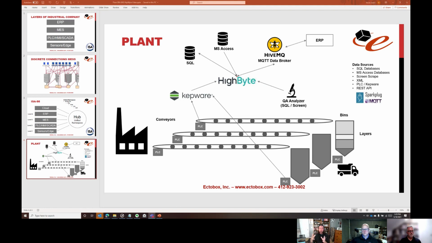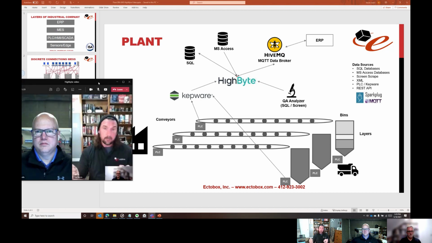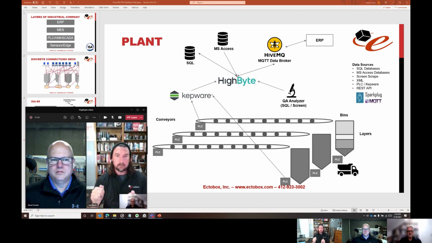Apologies, it's getting crazy here. It's all good. Okay, so one of the models is the layer, and that's going into HighByte so that we can see that bin 3 has 4 layers of product, and we can see the moisture content of each of those layers, and that means when we're loading those into the trucks, the control operator can.